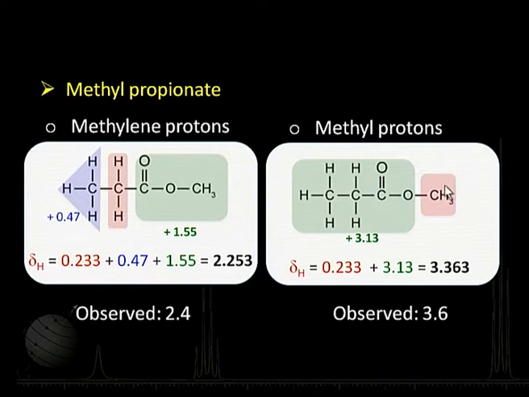For the same methyl protons, we start with the base value of 0.233, and to this we add 3.13 for this particular group, that is RCOO. That means a linkage through an oxygen atom, which gives a contribution of 3.13. It adds to give me 3.363, which is again a reasonable agreement with the observed value of 3.6.